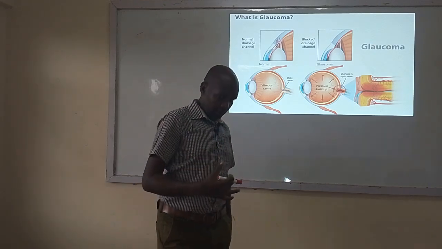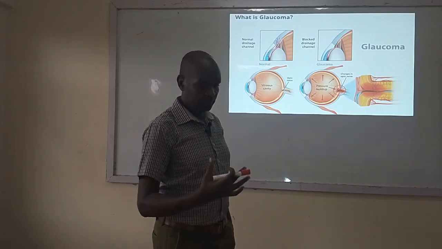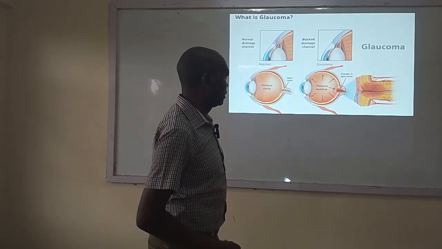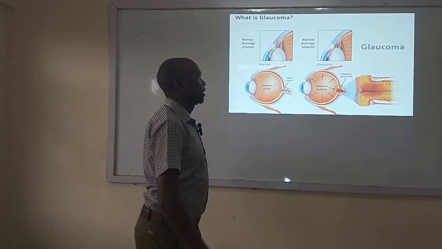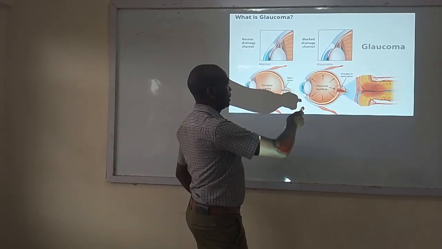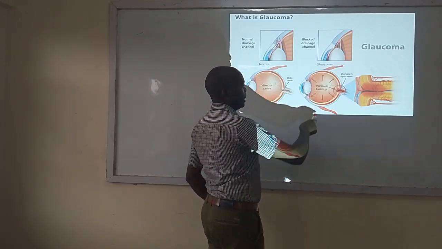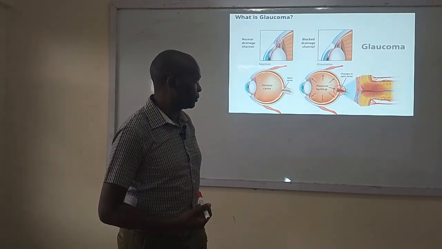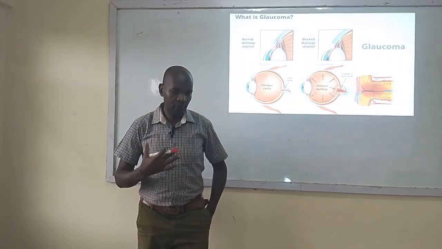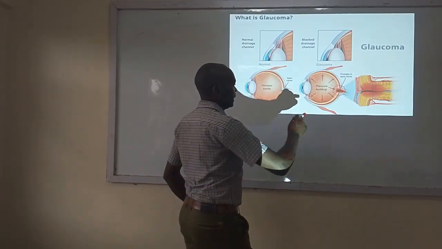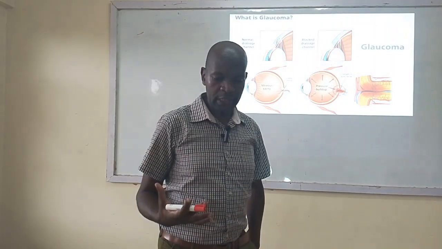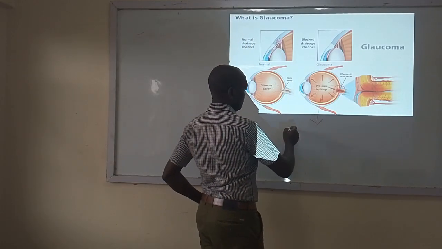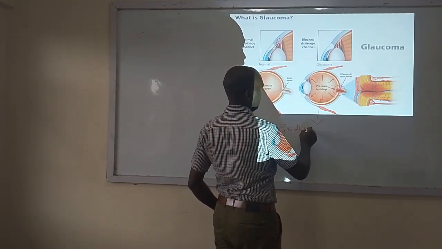Subsequently, in this series, at some point we will talk about the visual pathway to understand how the visual information flows from the eye through the optic nerve all the way to the brain for interpretation. So once pressure builds in this eye, it mechanically compresses the optic nerve, and its function of transmitting the visual information to the brain is impaired. Once it's impaired, then you lose your sight. So you become blind.